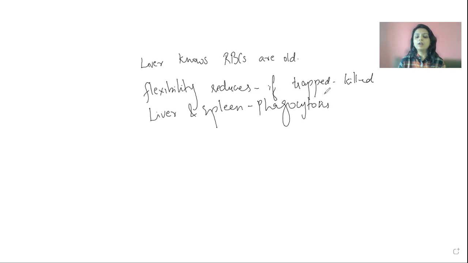Now another one: when RBCs are destroyed, the word for breaking down is lysis. Since RBCs are destroyed, you call this hemolysis. RBCs are destroyed in the liver.